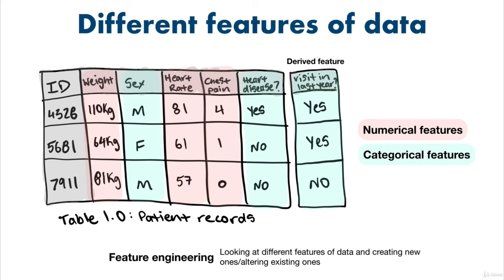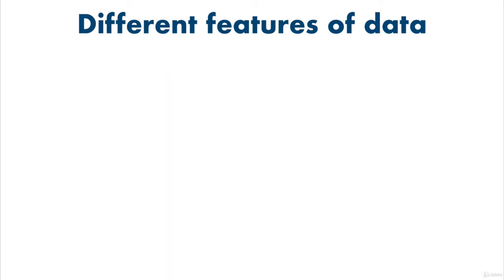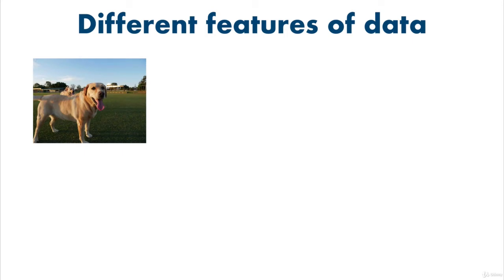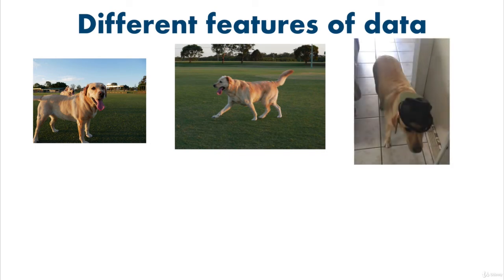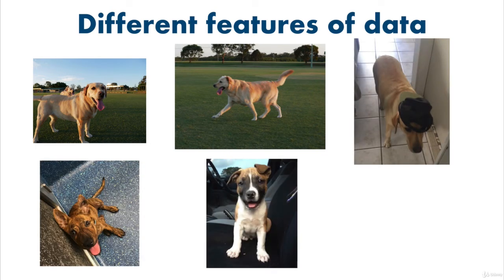Our heart disease example is structured, but unstructured data has features too. They're just a little less obvious. If you looked at enough images of dogs, you'd start to figure out, okay, most of these creatures have 4 shapes coming out of their body, their legs, and a couple of circles up the front, their eyes.